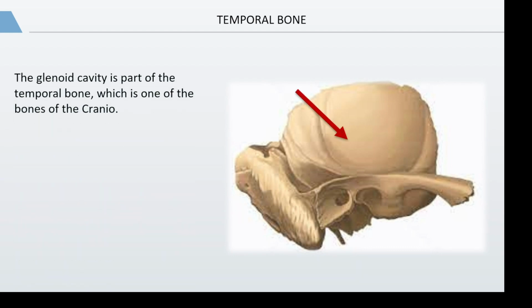The glenoid cavity is part of the temporal bone, which is one of the bones of the cranium on the lateral side.